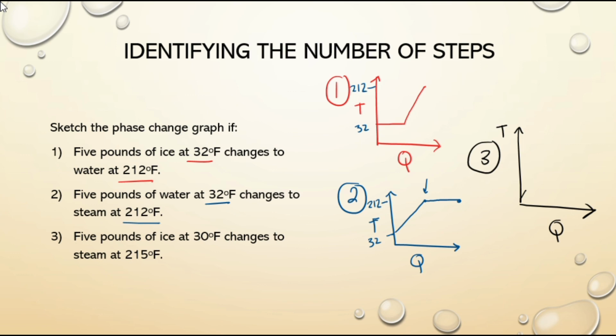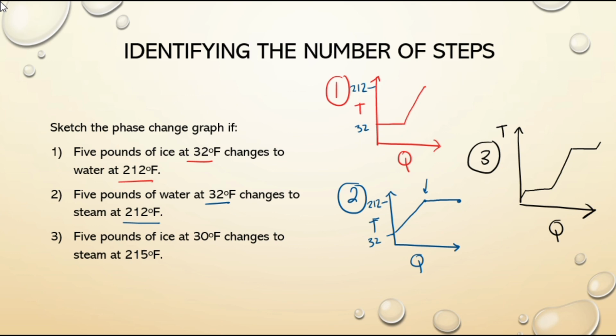In this case, we are going to change the phase. If we're going all the way to steam, we know that we have the entire phase of water. We know that we change the phase at 212, and then we just have a little blip of a rise at the end. So this one is 5 steps, and you will have 5 numbers that you have to add together.